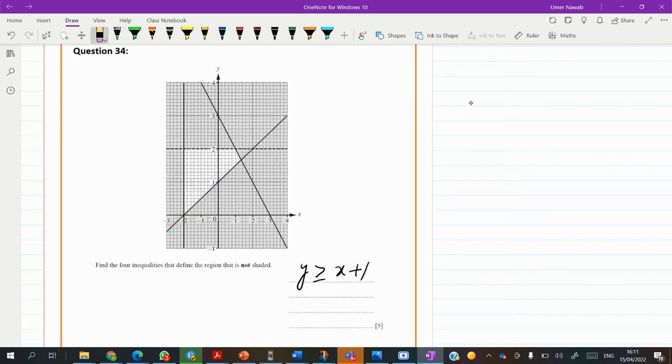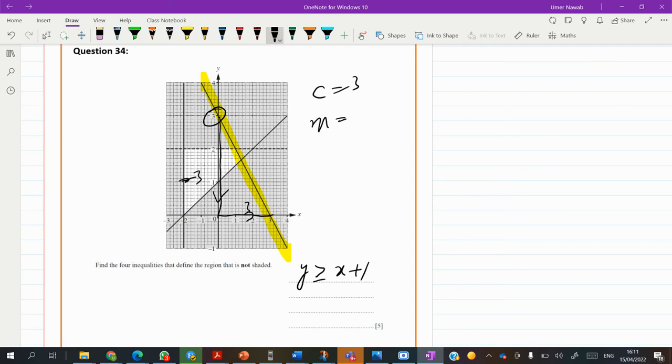This is finished. Now come to the second line. The y-intercept is 3. How much do you go down? You go down, guys, 3 units down and 3 units to the right.